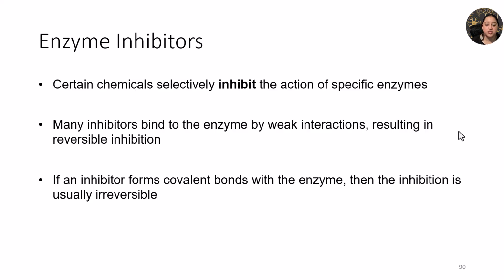Again, remember, there are strong bonds between chemicals and weak bonds, and sometimes it's better to have weak bonds. If an inhibitor binds with a strong bond, like covalent bonds, then the inhibition is usually irreversible, and now this enzyme can't do its job.